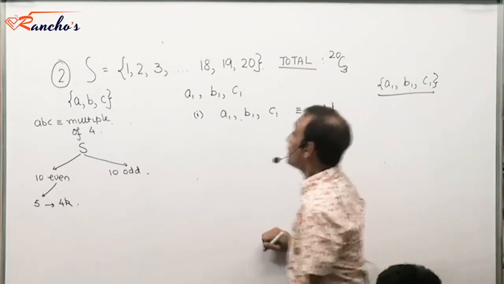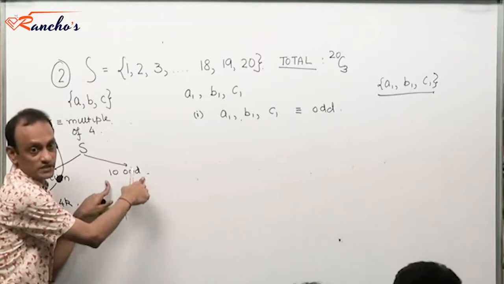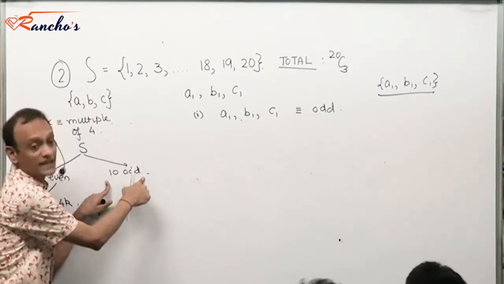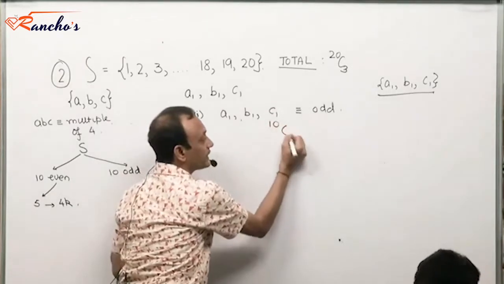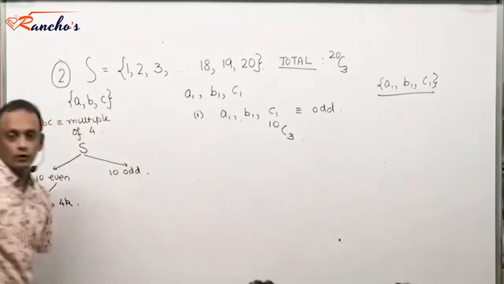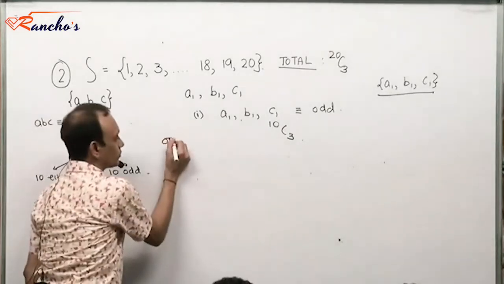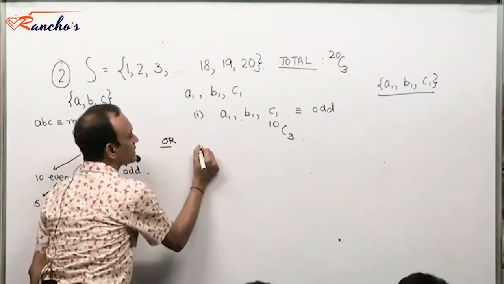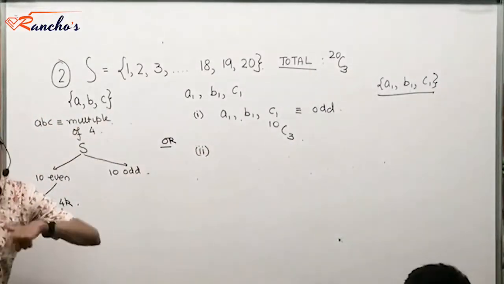Now, there are 10 odd numbers and I select 3 odd numbers from this. And this count I can do in 10C3 ways.